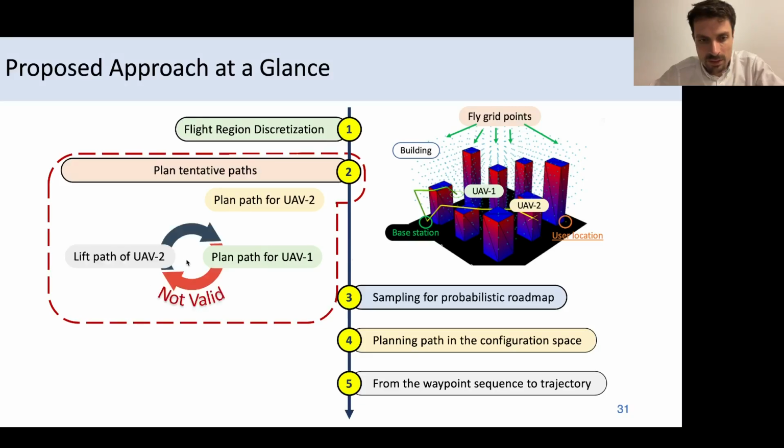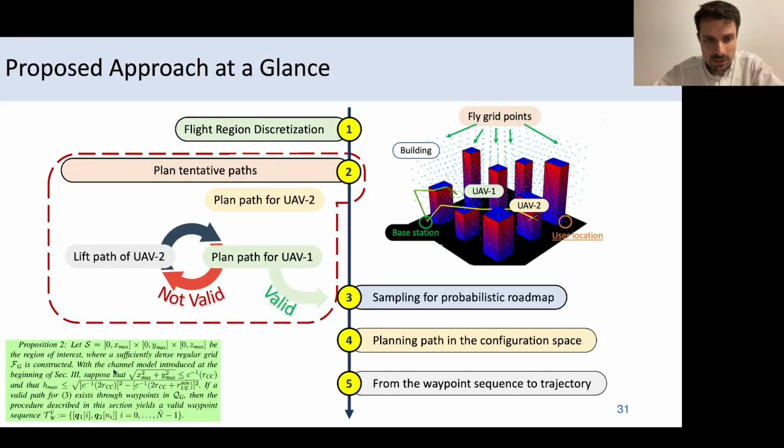If that is not possible, what we do is lift the path of UAV2. So we raise it one level, and we repeat. We try again to find a suitable path for UAV1, and it can be shown that at some point it becomes valid.